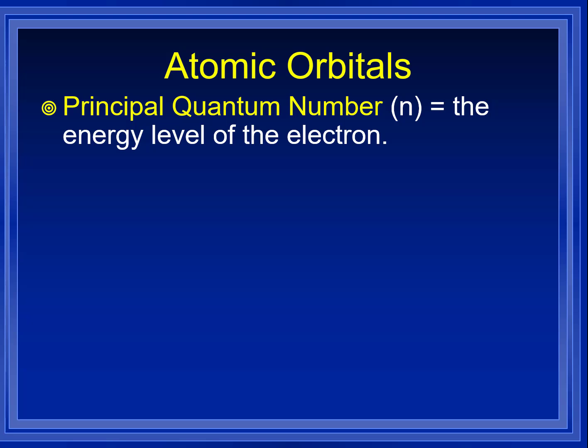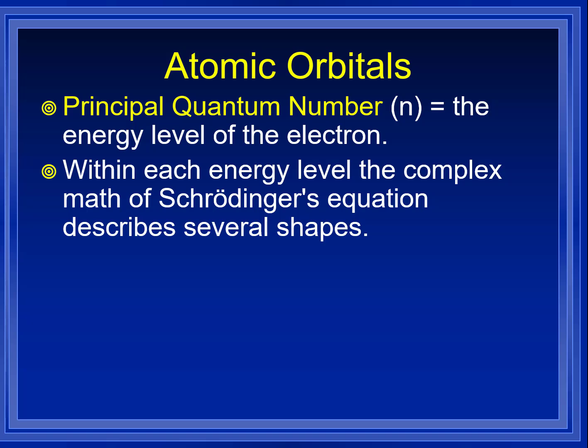Okay? And inside the energy level, inside that type of wave, there's more than one type of wave you can make. There's more than one way to make one whole wave. So in an energy level, it's built up of orbitals.